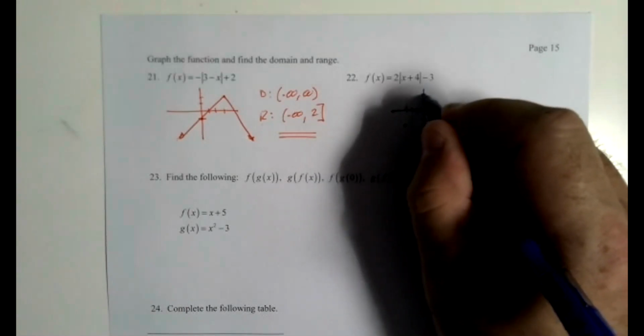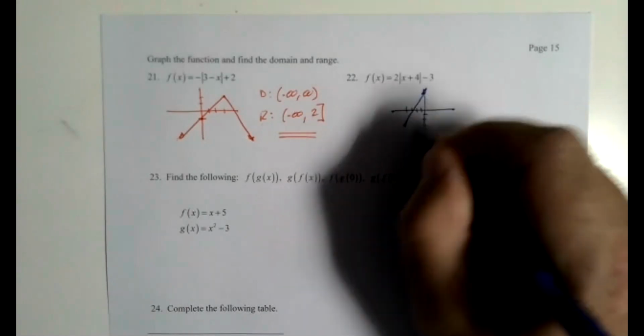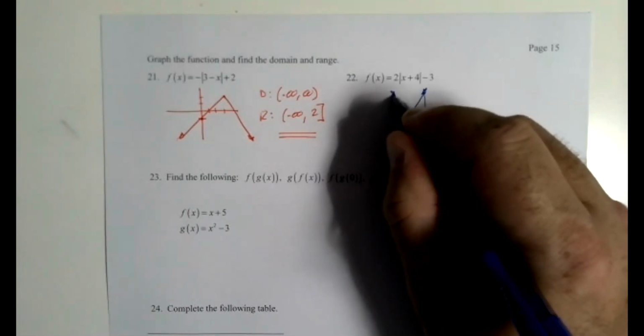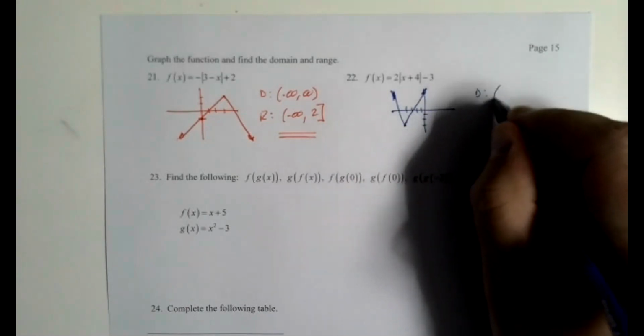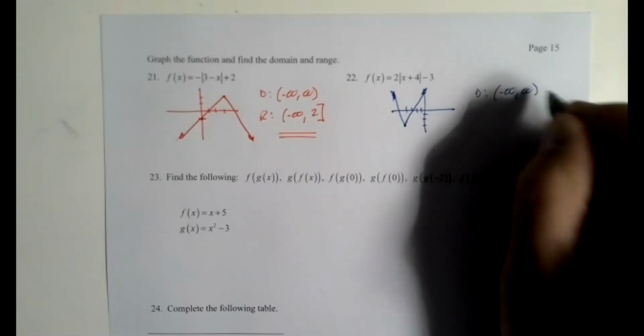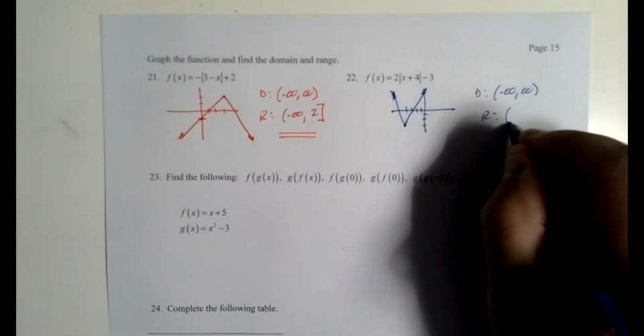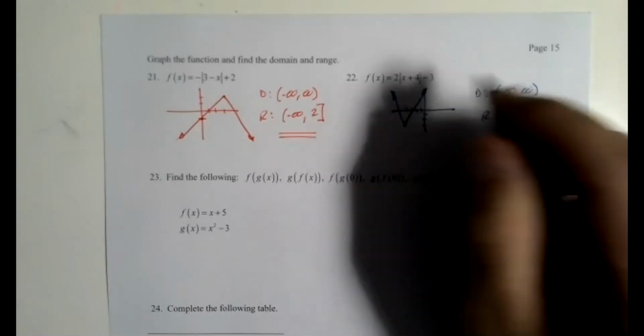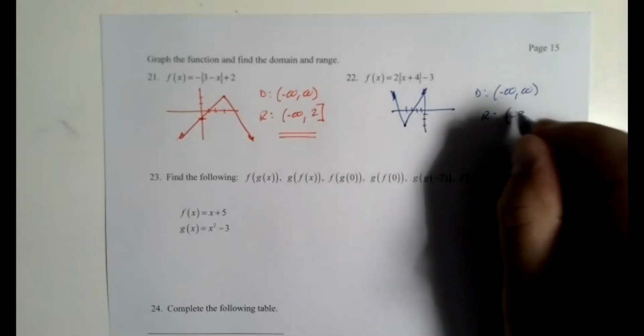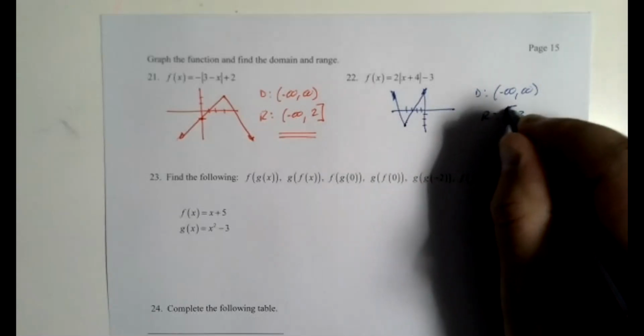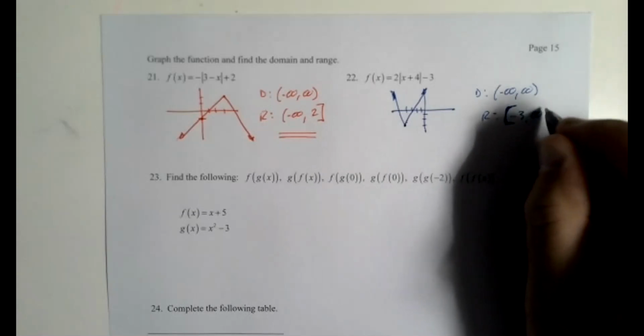Yeah, it should go halfway. Like that. And something like that. Doesn't really matter. Domain negative infinity to infinity. Range: plugged in -4, I got -3 inclusive to infinity.